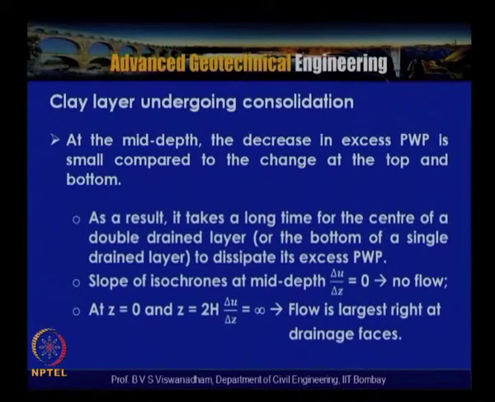At z equal to 0 and z equal to 2h, that is at both top and bottom, delta u by delta z is infinite, and the flow is largest right at the drainage faces. Because of that, the soil undergoes consolidation very rapidly at the boundaries.